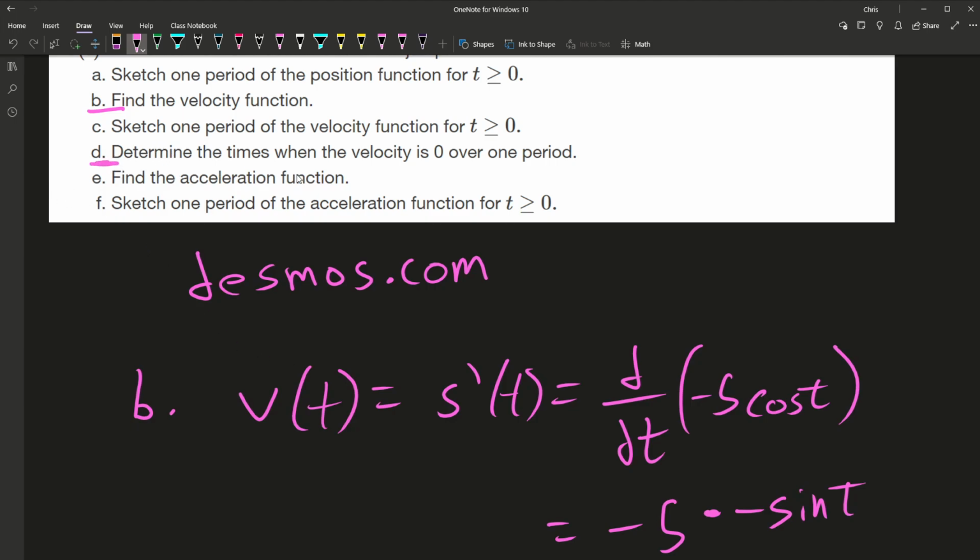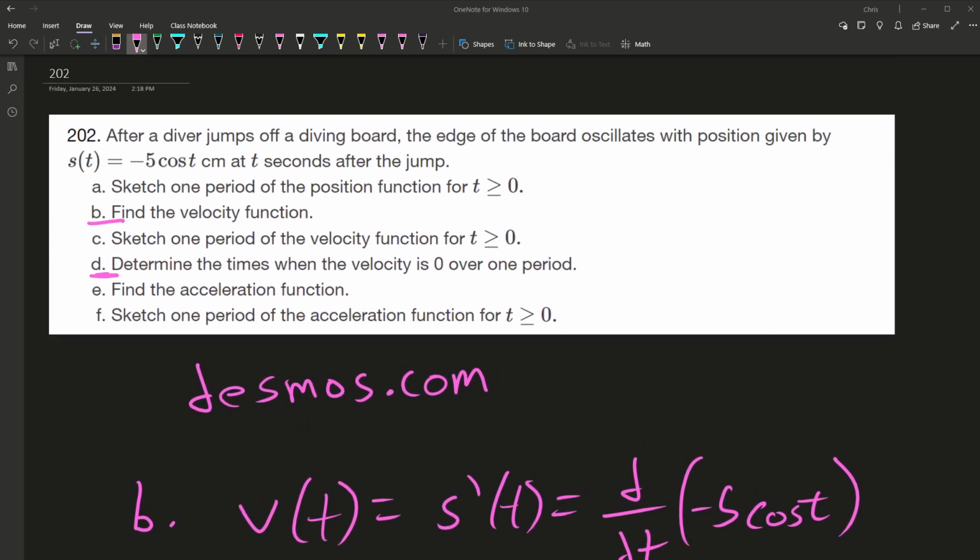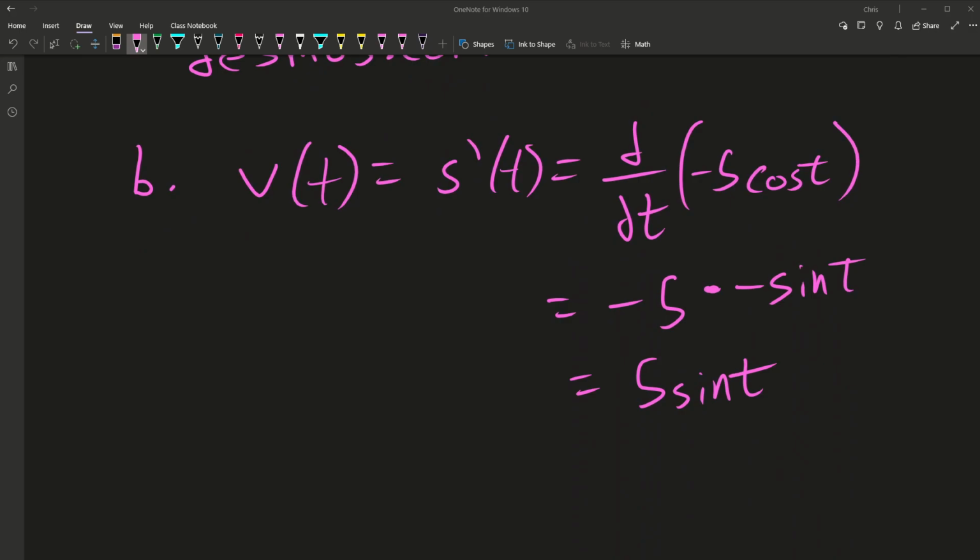For determining the times when the velocity is 0 over one period, the sine function lasts 2 pi. So we're looking for part D. We're looking for when time is between 0 and 2 pi.